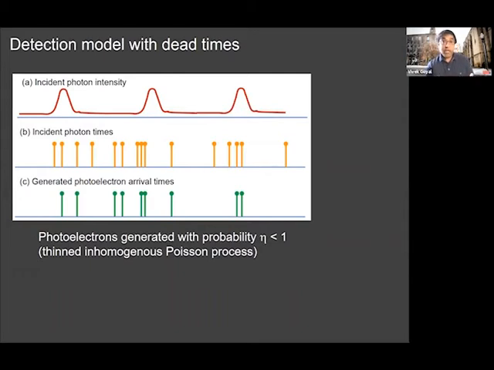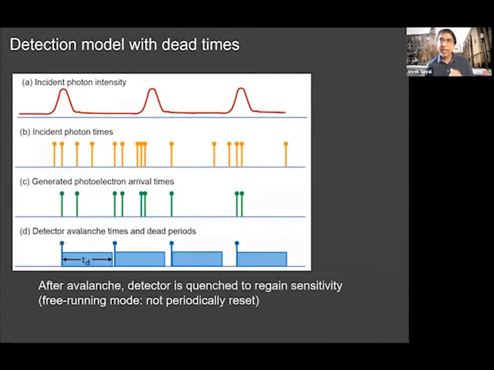This means that generation of photoelectrons can be modeled as the results of independent biased coin flips at each photon incidence. This kind of thinning of an inhomogeneous Poisson process is equivalent to multiplying the incident intensity by a scalar, so it isn't actually very interesting. Things get interesting when we include the dead time of the detector.